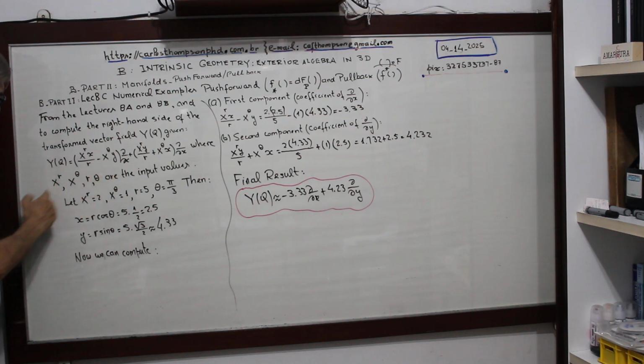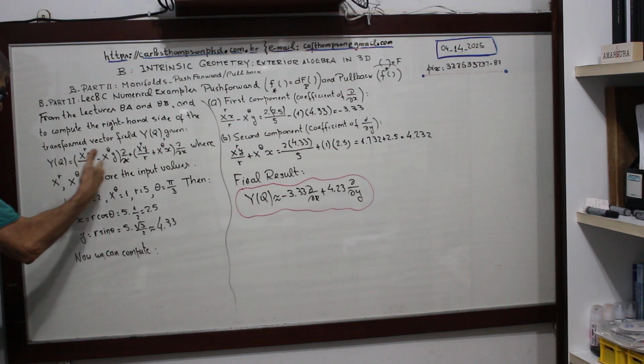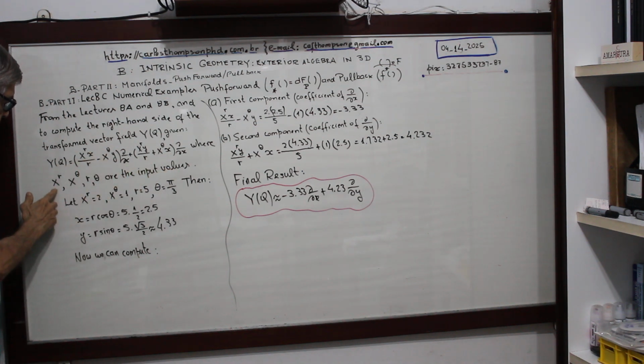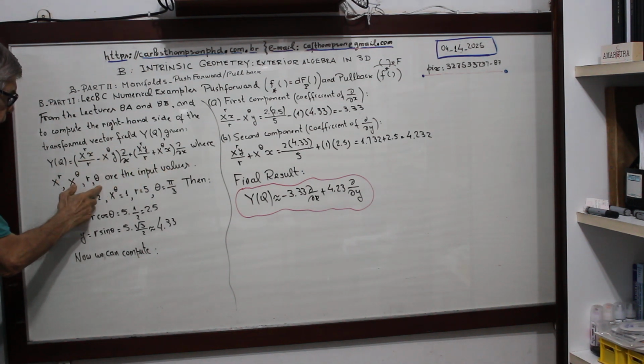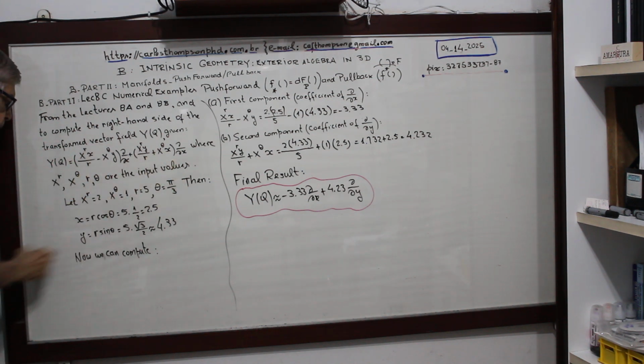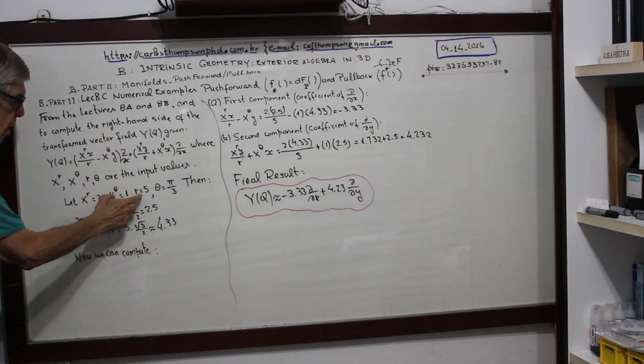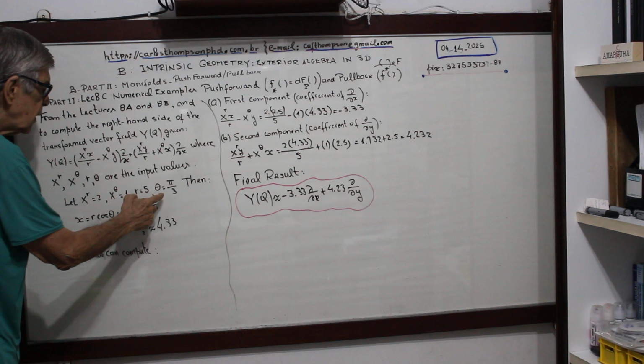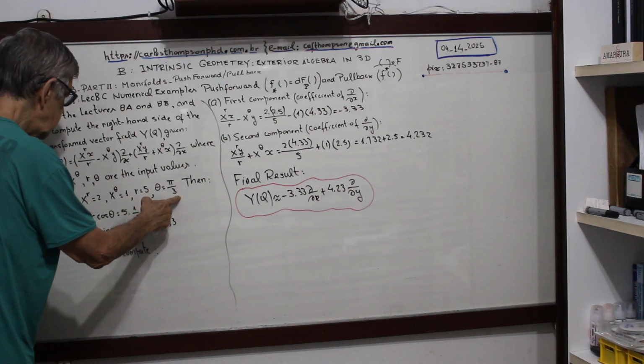Now these are the input values: X^r, X^theta, r, theta. Let X^r be 2, X^theta be 1, r equal to 5, and theta equal to pi over 3.